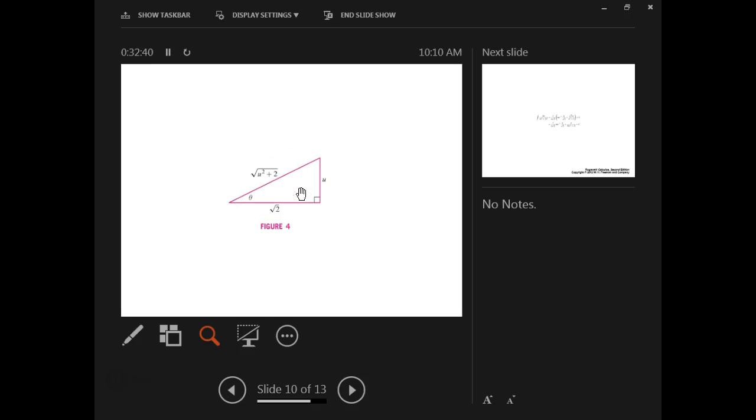And if this was theta, and tangent theta is u over root 2, and that made that. And after much sweating and gnashing of teeth, we found out this is square root of u squared plus 2. That's why they did that. Okay? So, once that was done, the integral that we started with here was 1 over 4 root 2, this thing right here.